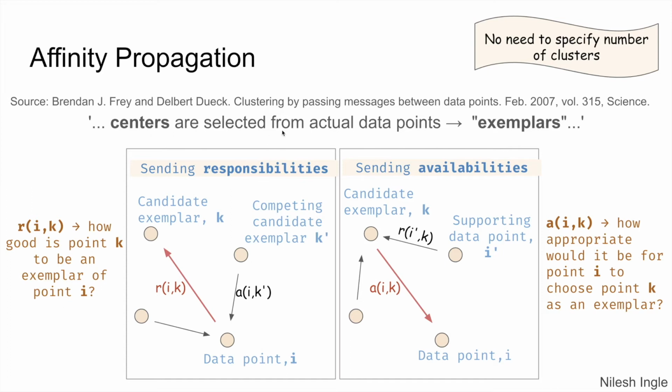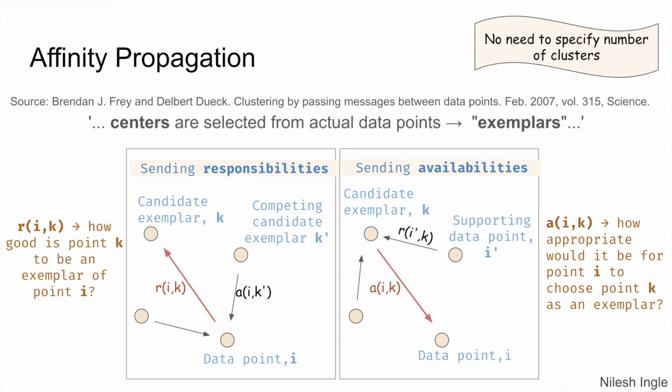So the centers are selected from the actual data points, and the thinking is that the data points talk with each other, and they talk in terms of responsibilities and availabilities. So there is a responsibility matrix that is calculated, and there is an availability matrix that is calculated.